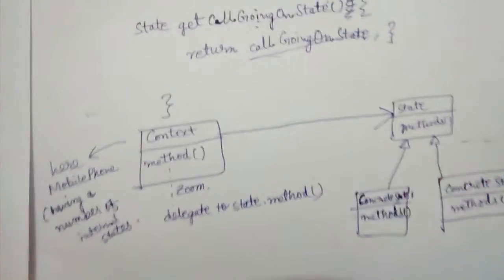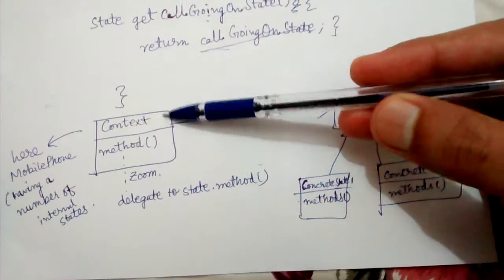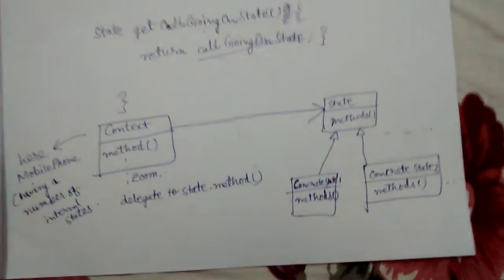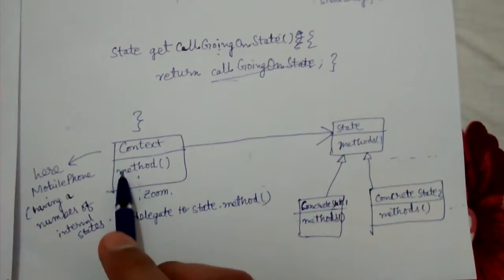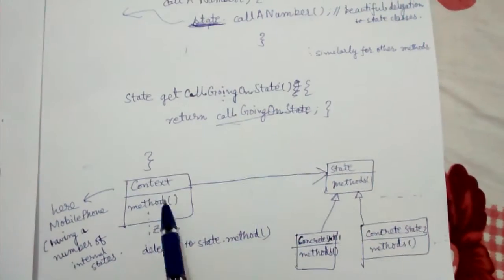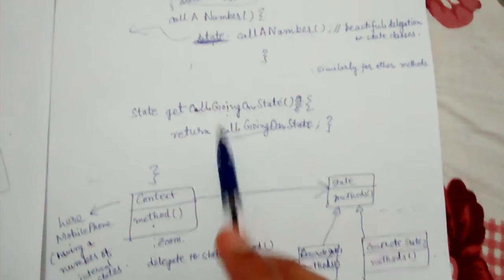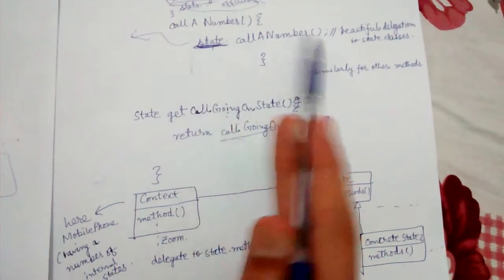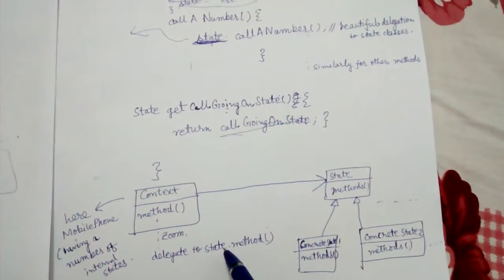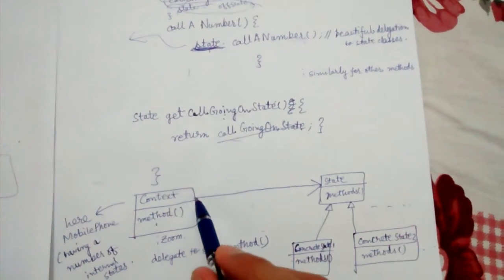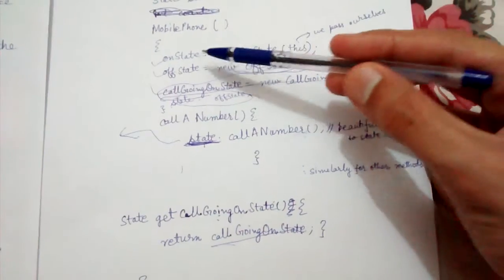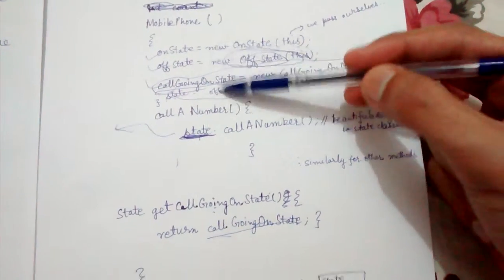Let's look at the class diagram quickly. This is the context, which is the mobile phone here, and it has some methods like call a number. It's basically delegating to the state.callANumber method, right? And this context is associated with some objects of these states.